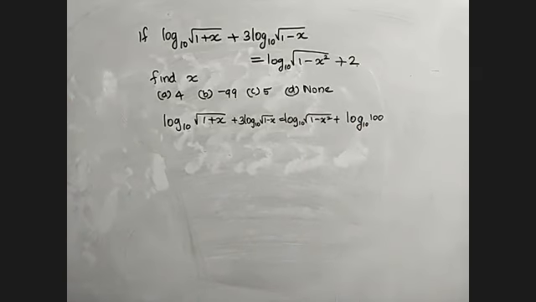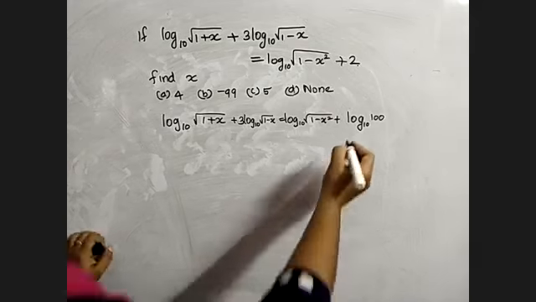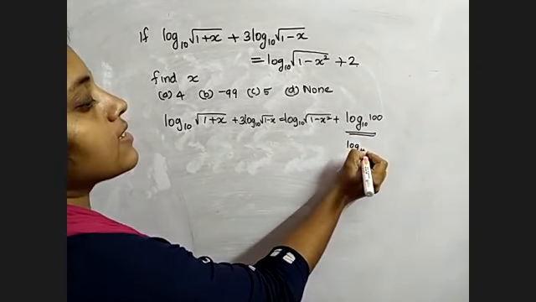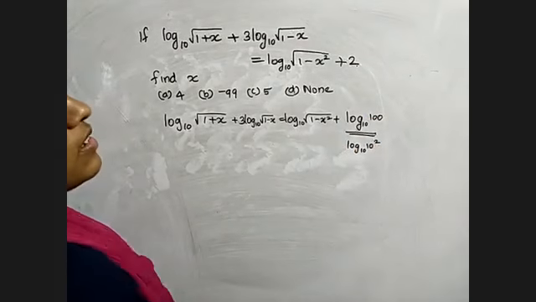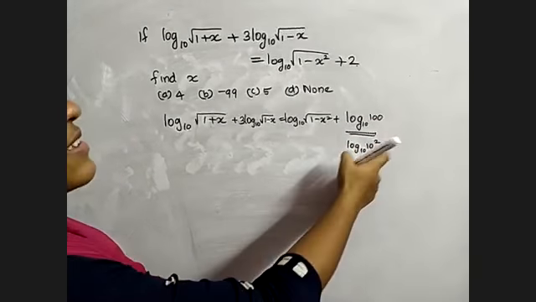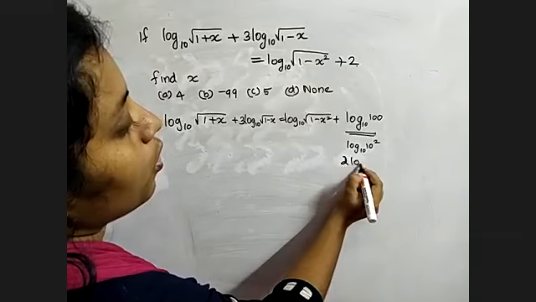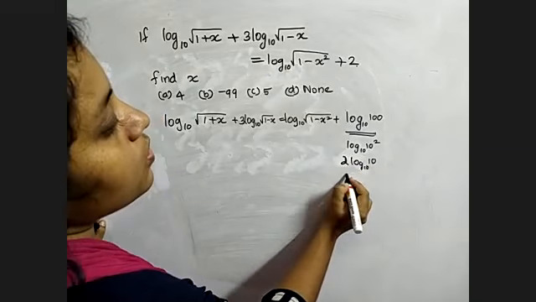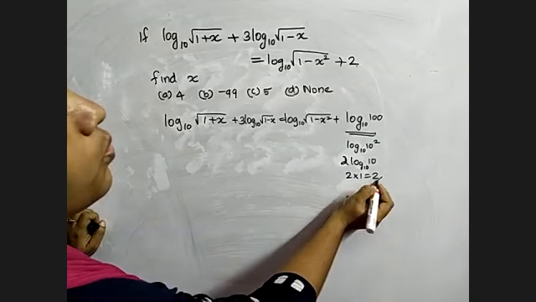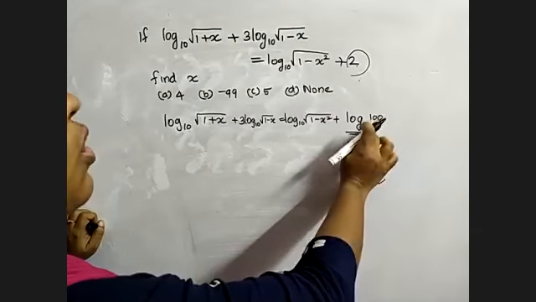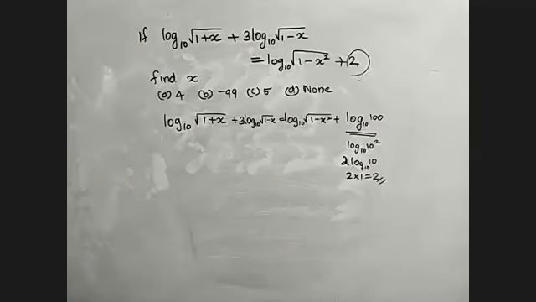Is log to the base 10 100, see, this is log to the base 10 square, right? What is log x raised to n? n log x. So 2 log to the base 10, so 2 into 1, 2. So I can replace this 2 as log to the base 10 100.